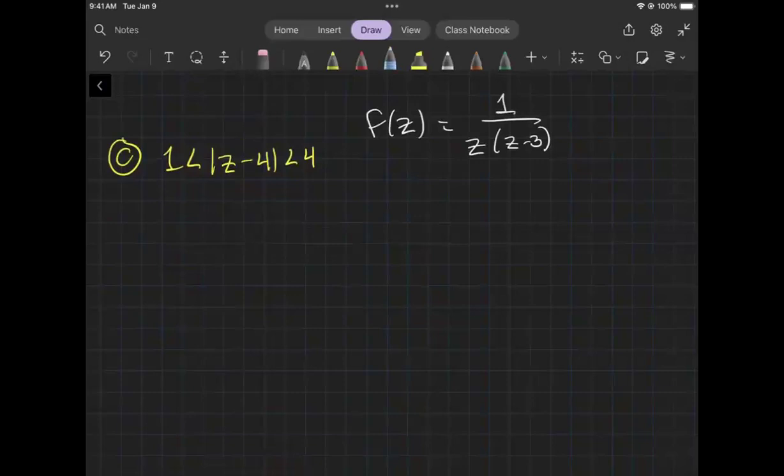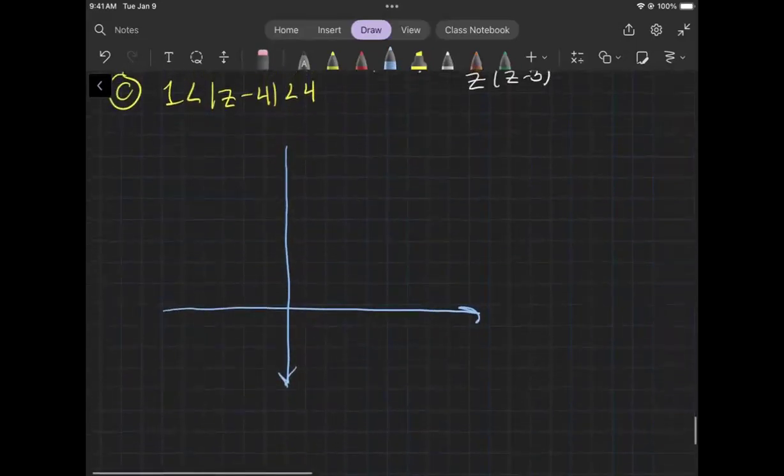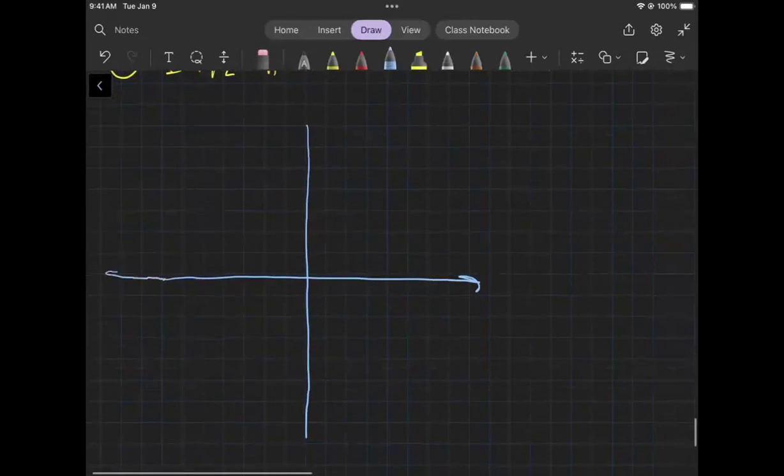Okay, so let's draw out the region and see what it looks like. Let me actually draw this a little bit bigger.